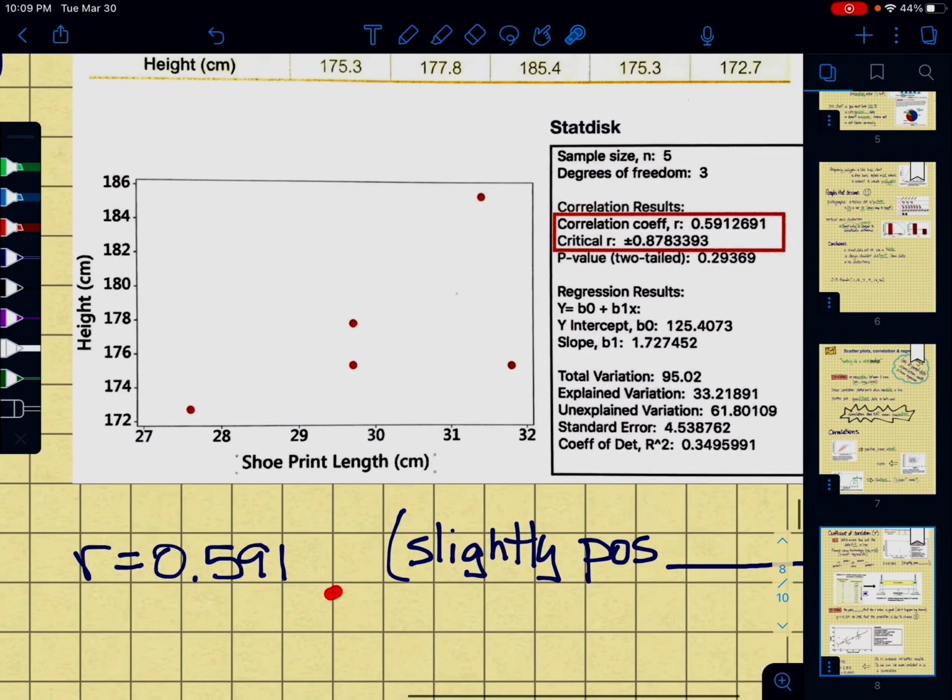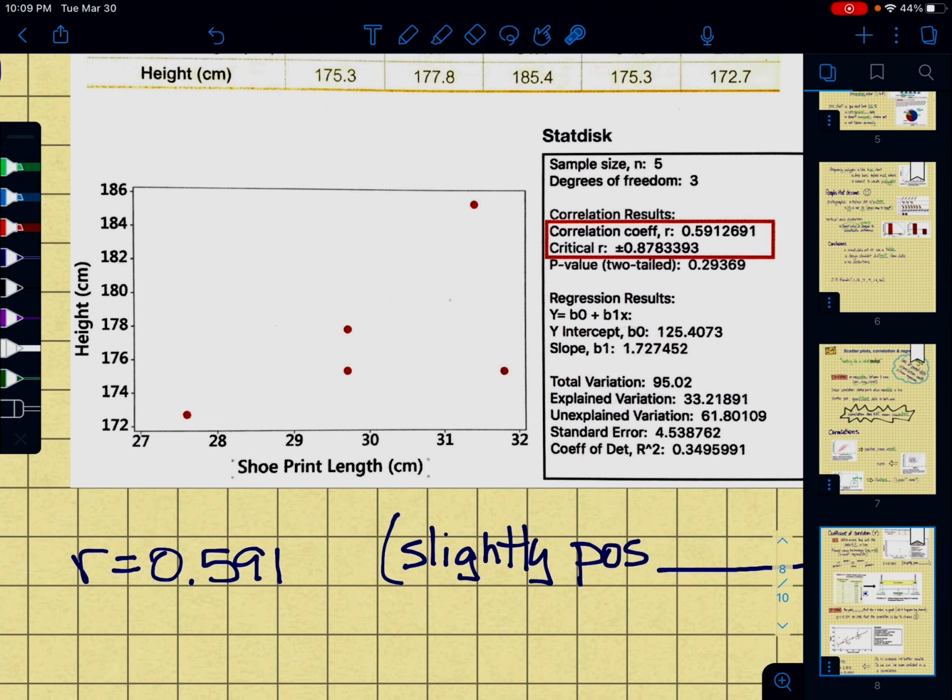All right. So here, using the StatDisk, I think we could also do this on our StatCrunch. I'm not entirely sure. But we can see that there is a rough linear relationship, maybe like this. I don't know if that's exactly what it would be, somewhere in that region.